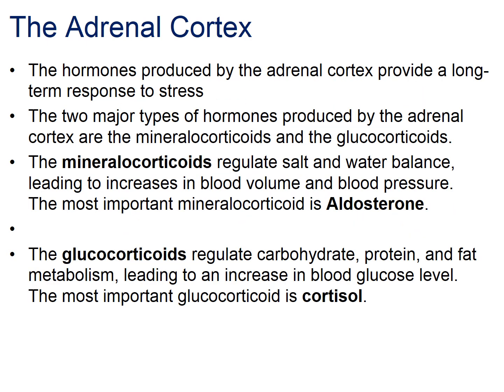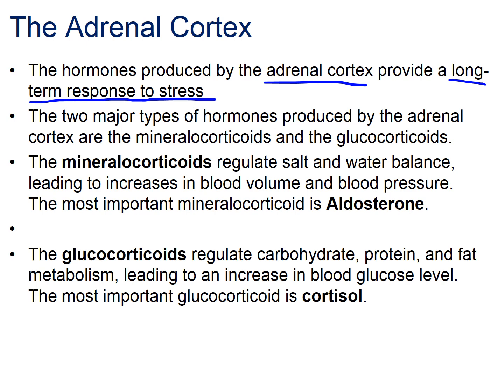So as I said, the hormone produced by adrenal cortex provides long-term response to stress. It is energy demanding for your body to remain in a stressful state, and so the main goal of these hormones in a long-term stressful situation is to increase resource availability for your body.